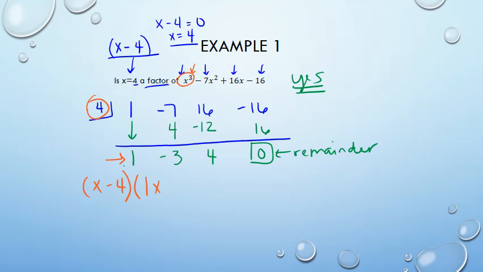So if that was an x to the third, we're going to use x squared. And then my next coefficient, this negative 3 here, becomes negative 3x, and then plus 4. So what we found is that this times this is equal to what we started with.